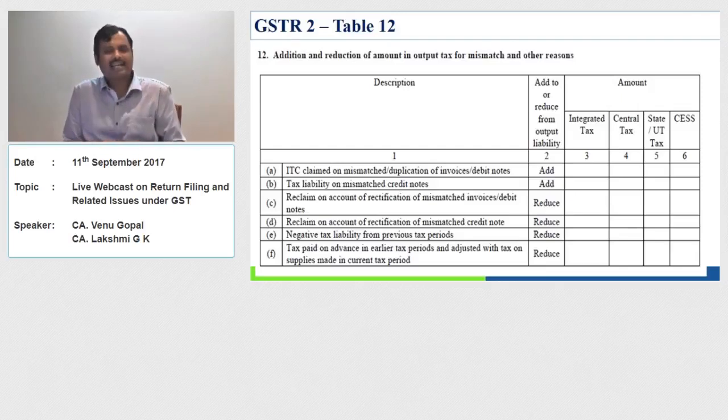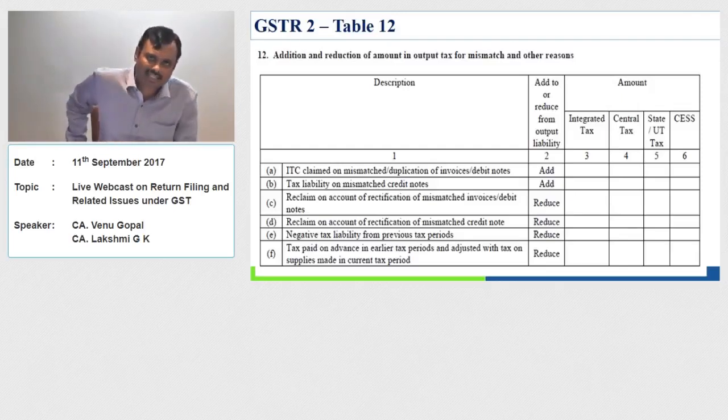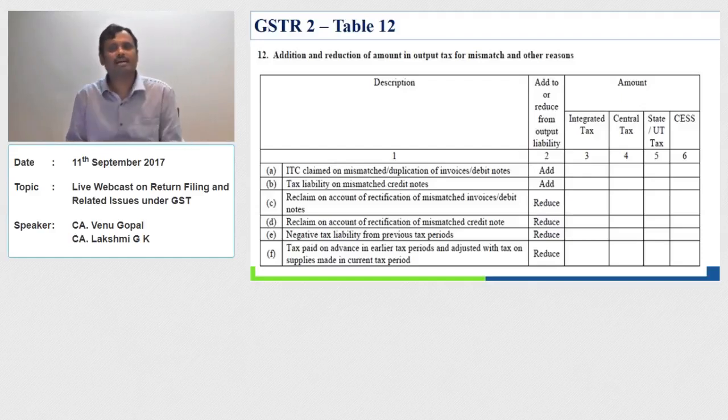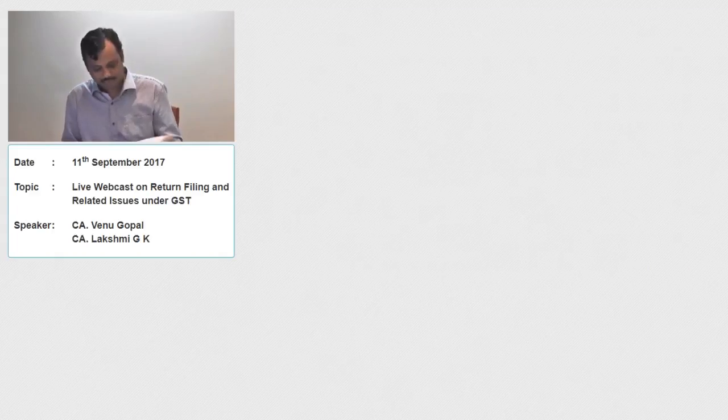So if there are any negative input tax credits of the previous tax period, or various reasons why the credit needs to be adjusted, sometimes where the provisional credit is re-available, the credit needs to come back. All those adjustments are done by the system automatically. So table 12 will reflect that.